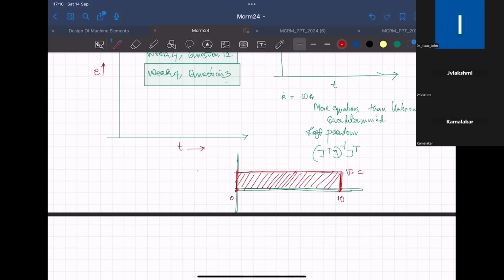Then the position is a straight line. Position would be something like this. That is the straight line interpolation. Is it the straight line interpolation? Yes, it's the straight line interpolation. The question actually says to use straight line interpolation.